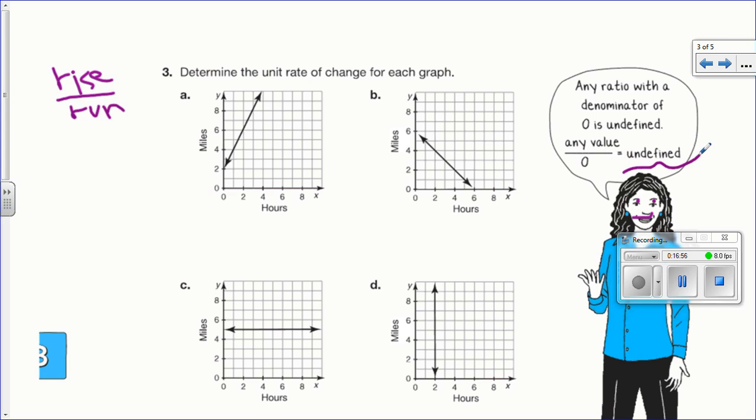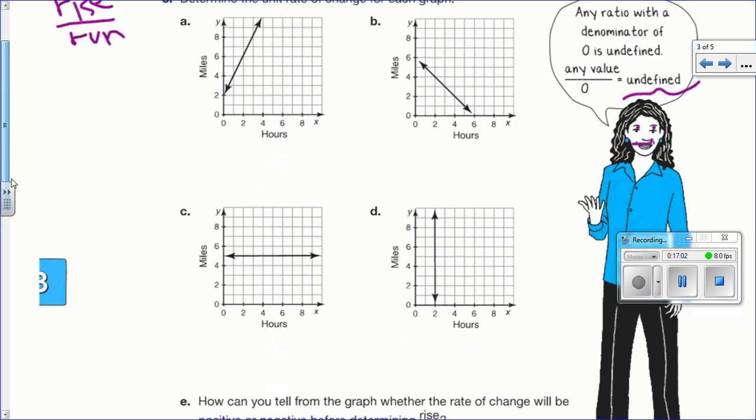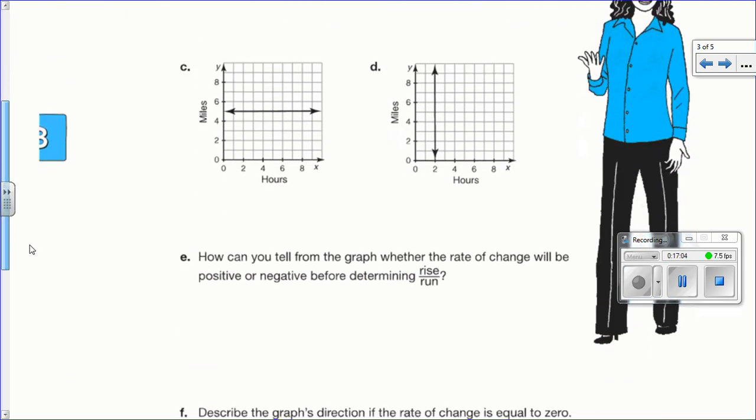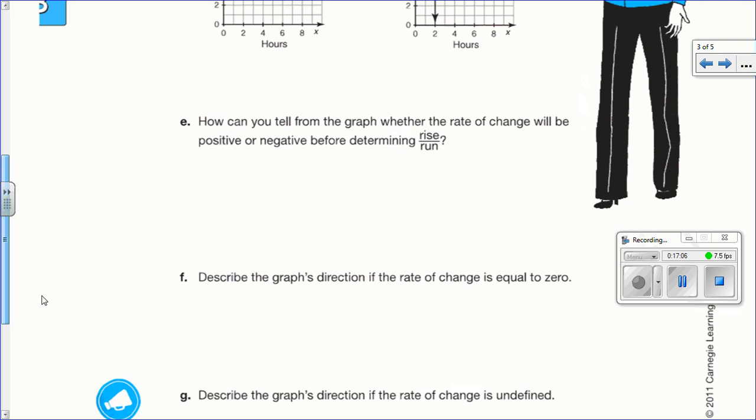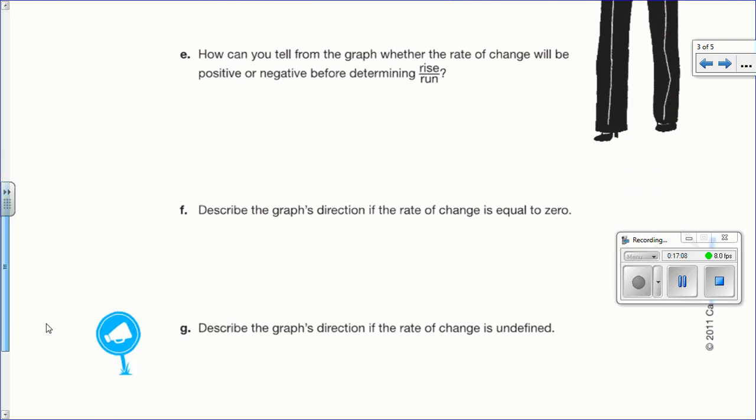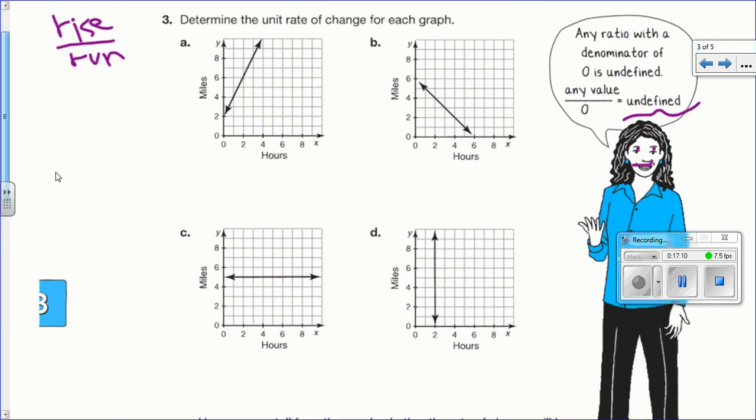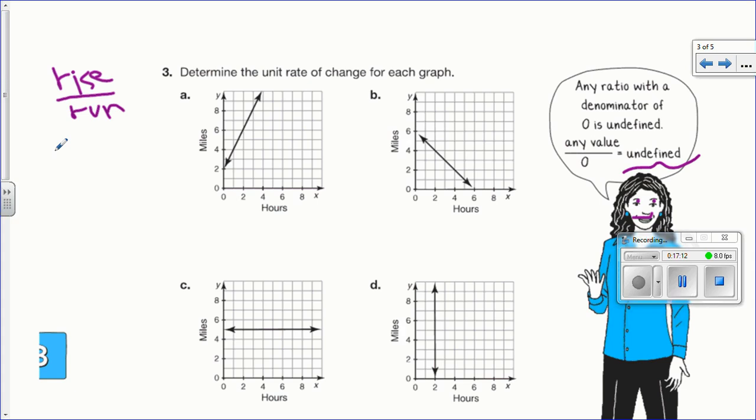I'm going to go ahead and do A with you, and then I want you to do B, C, D, E, F, and G, all at your seat. I'll do A, and then you can do the rest of this page, and then we'll check it at the end. So A, I have a point right here, 1, 4, and then I have a point right here.